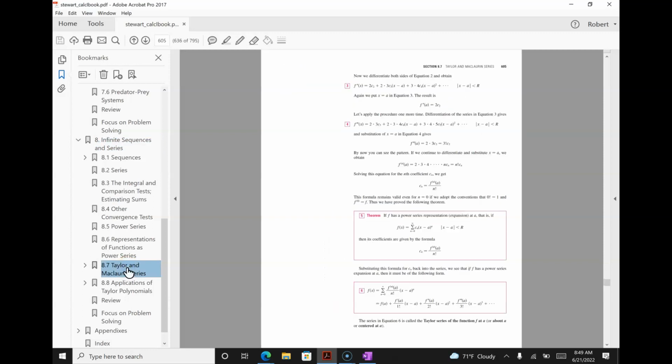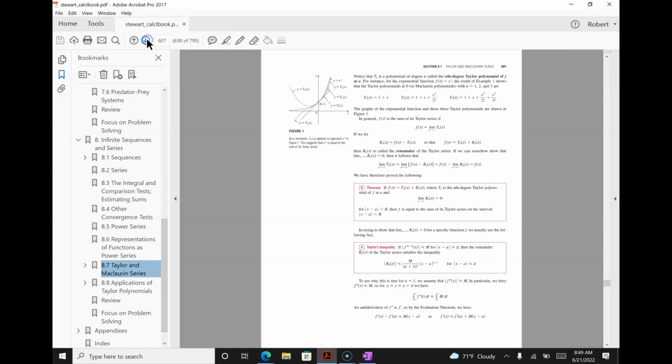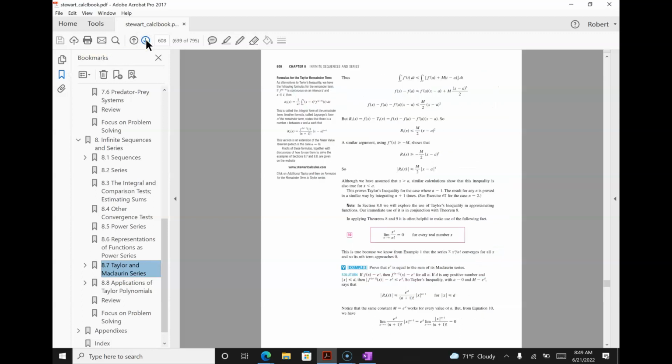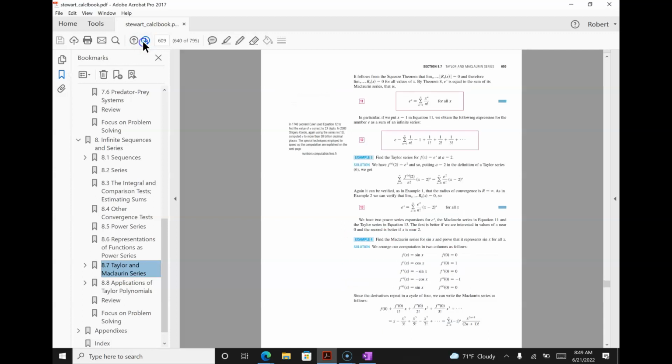It turns out that e to the x is a Taylor series. Not that you need to know what that is yet, but I've got a nice little list of some famous Taylor series here. Give me 1 second. There it is. e to the x is the sum of n equals 0 to infinity of x to the n over n factorial.